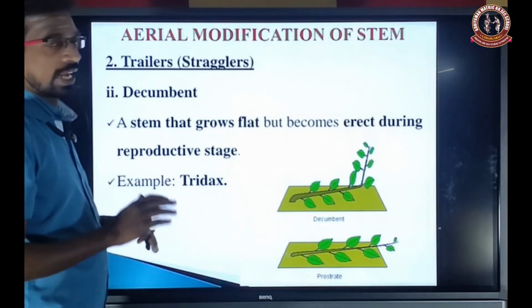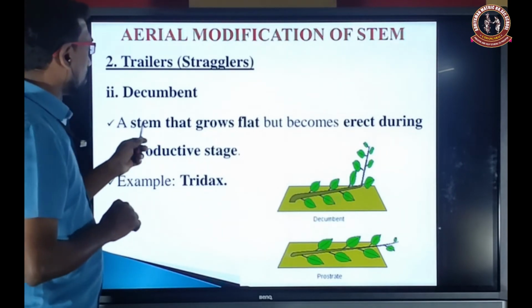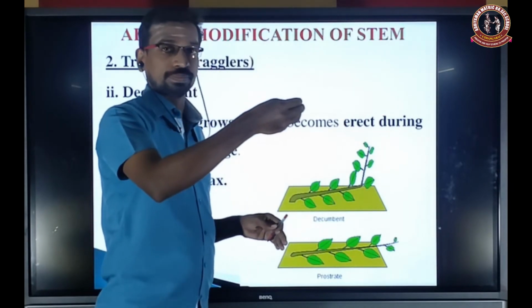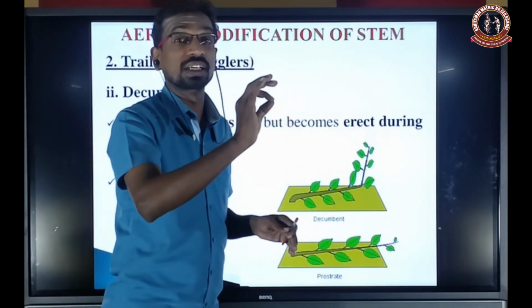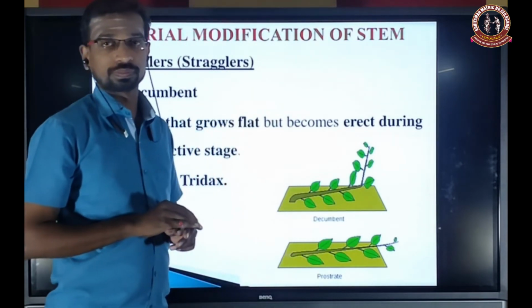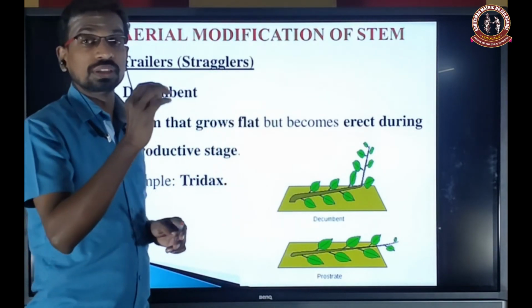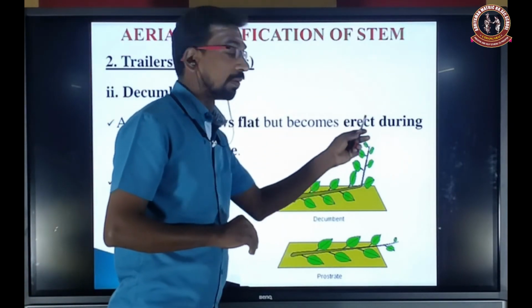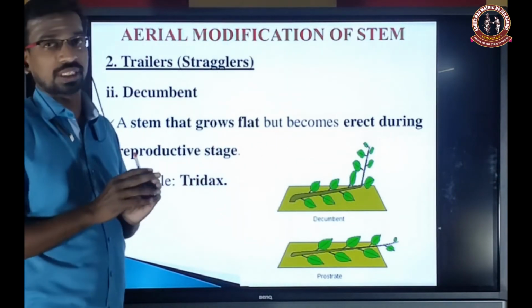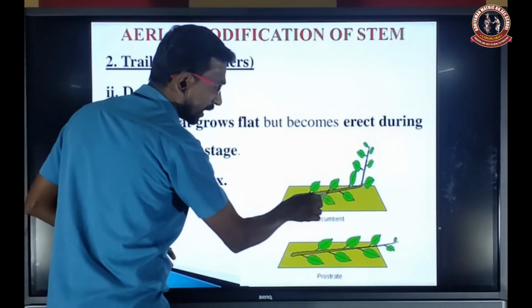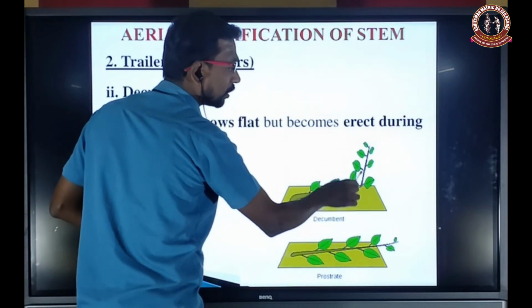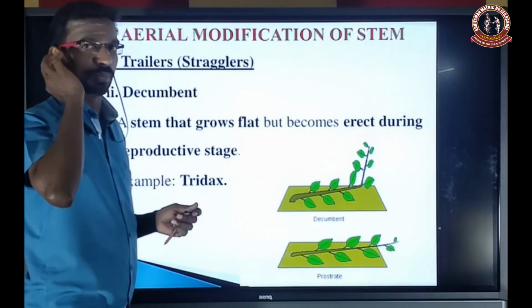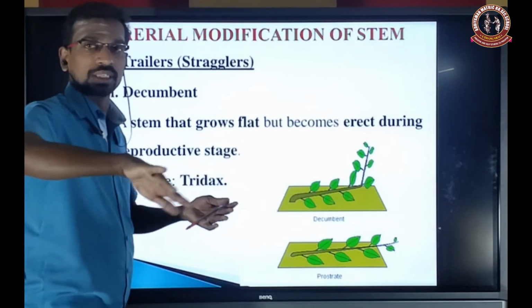And the next one, decumbent. It is the stem that grows flat, but becomes erect during the reproductive growth. It grows near the soil level, but during the reproductive growth, it becomes erect. But prostrate does not become erect during either reproductive growth or vegetative growth; it spreads near the soil level.